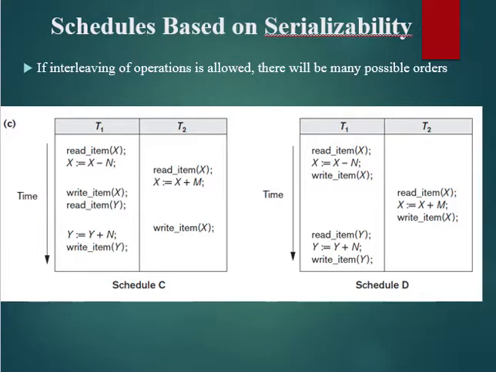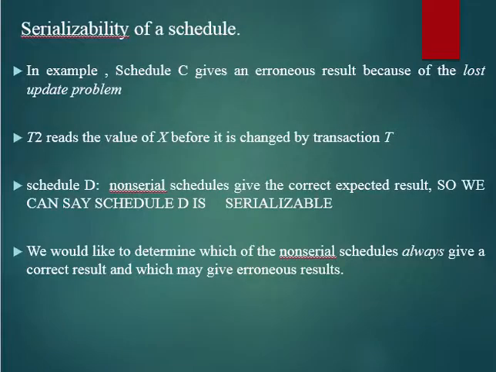That is creating the lost update problem. In the recoverability case we checked the dirty read problem; here we are checking the lost update problem. So schedule C gives an error because of the lost update problem.